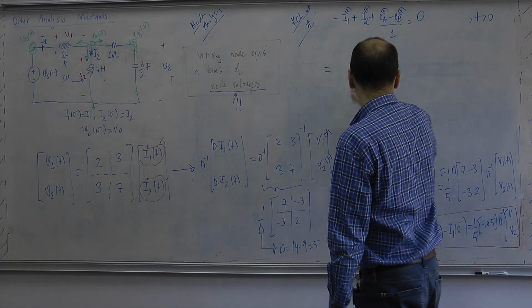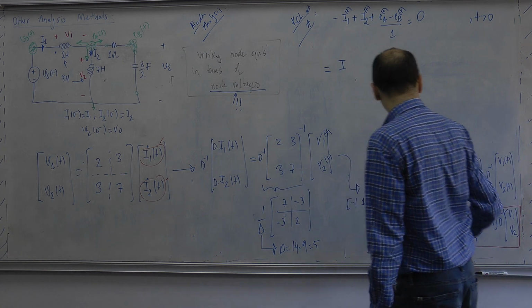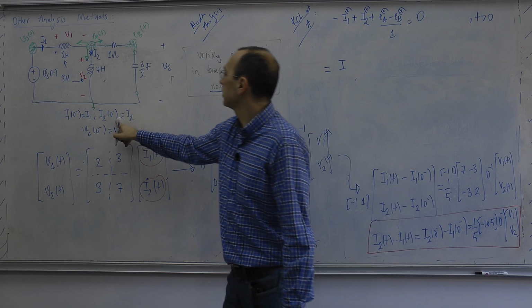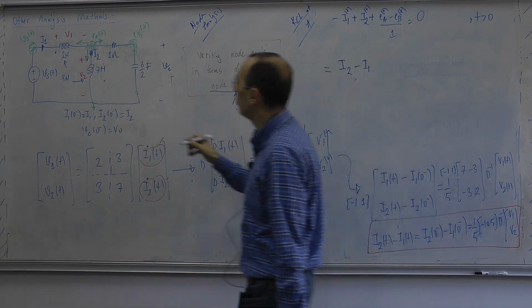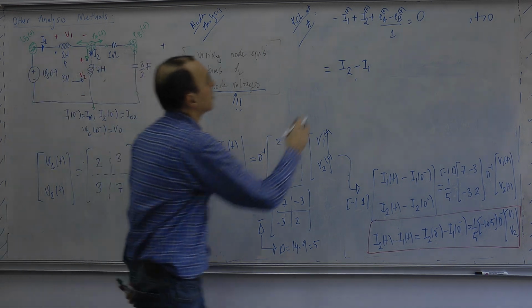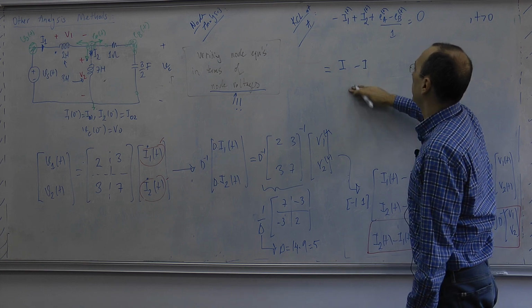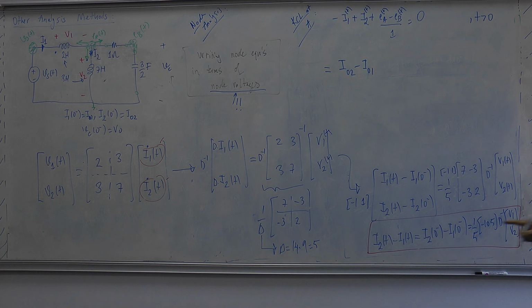Now I can write this as I2 minus I1. So this initial condition 0 minus is given, I2. Well, not to get confused, I will call this I01, I02, because it's very easy to confuse that. So this is I02 minus I01 is equal to, this is plus, am I right?